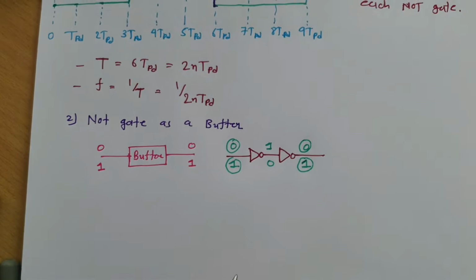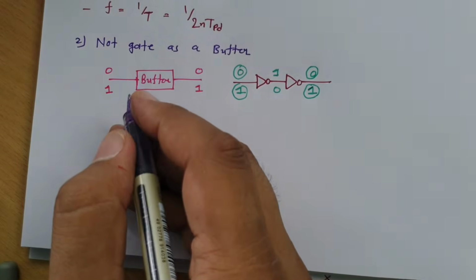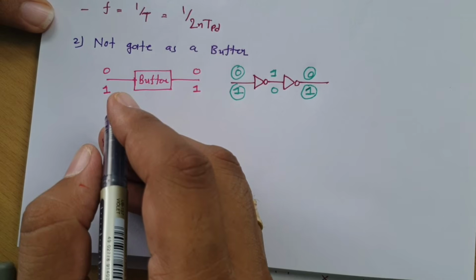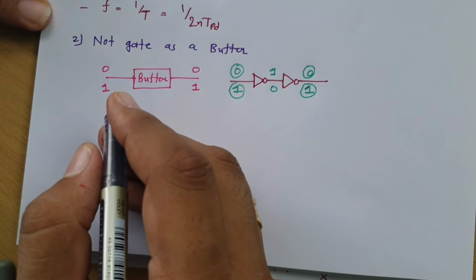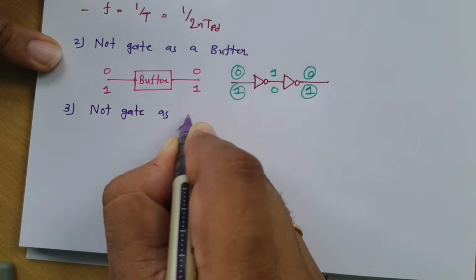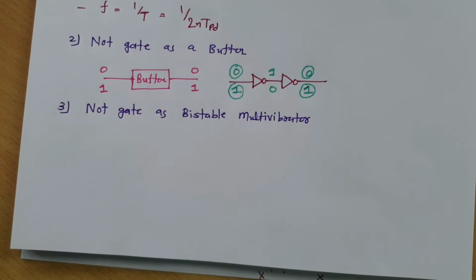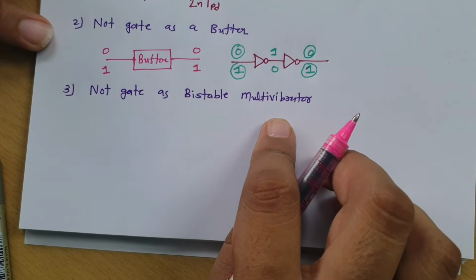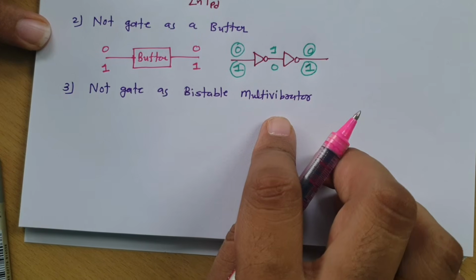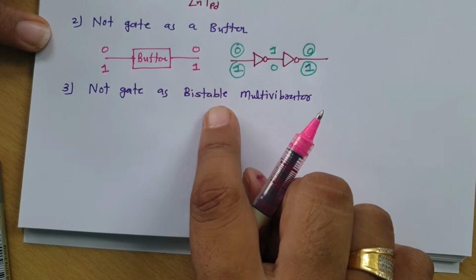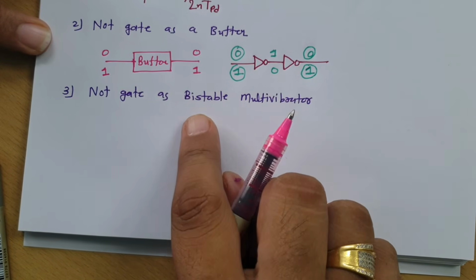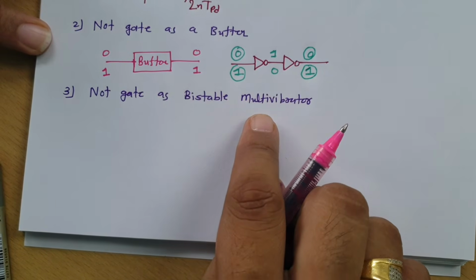Now I'll explain the third application of NOT gate, and this third application is NOT gate as a bistable multivibrator. To understand this, one should know that in a multivibrator both output states should be stable, meaning 1 will be a stable state as well as 0 will be a stable state.